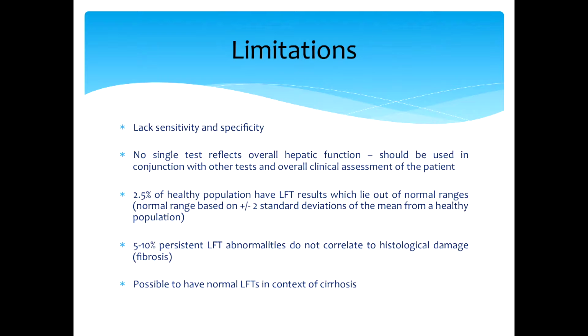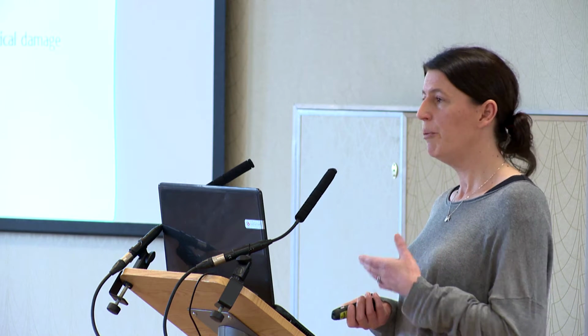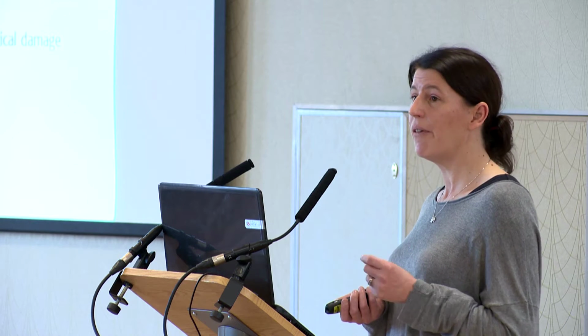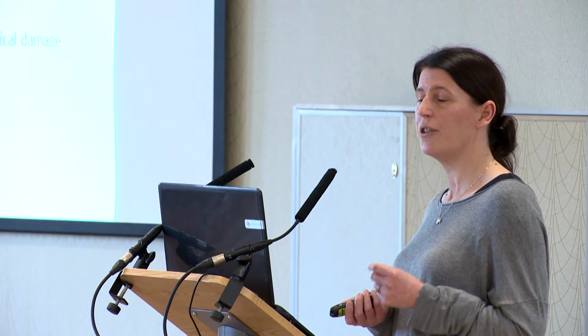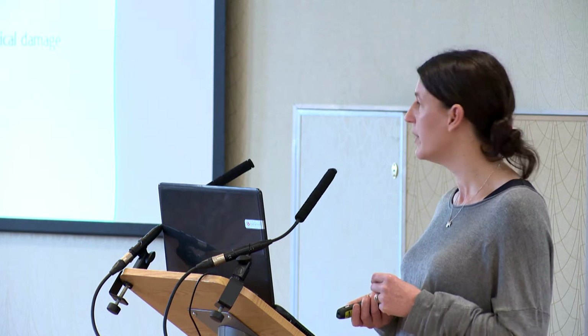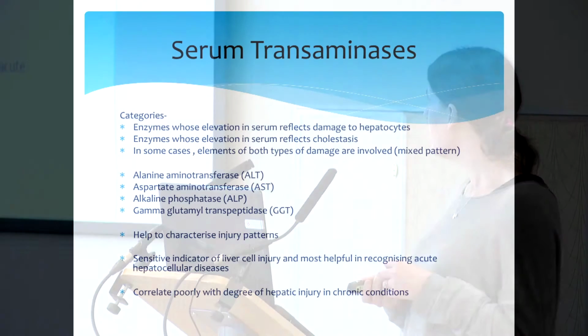Up to 10% of persistent abnormal liver function tests will not correlate with any damage that's going on in the liver. So you can have somebody that's got very abnormal liver function tests for a long time, but they won't be putting any scarring down on the liver. And also, a very important point is that lots of patients who have cirrhosis will have completely normal liver function tests. So I'm going to look first at the serum transaminases.